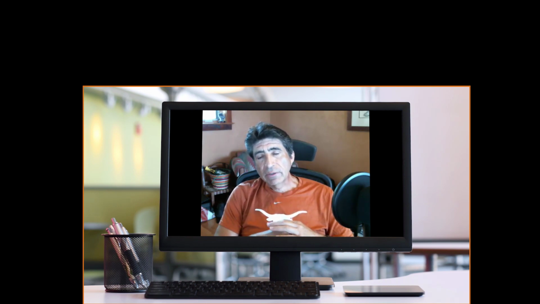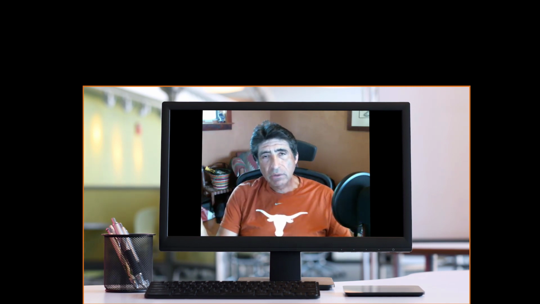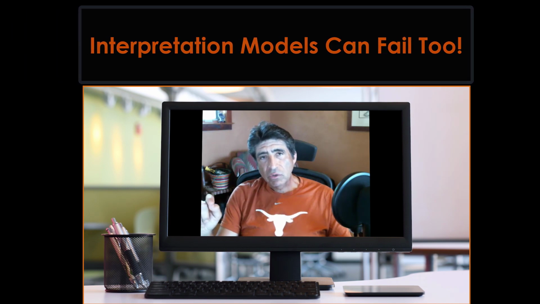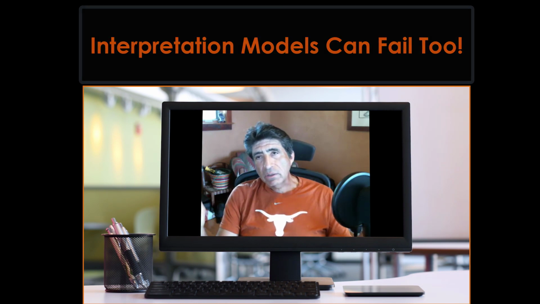Because of that, we have to use what we call effective medium theories or interpretation methods, or what some people call interpretation models. And all of those models are based on assumptions about the properties of the rock, whether the rock is homogeneous, slightly heterogeneous, isotropic, a number of properties.